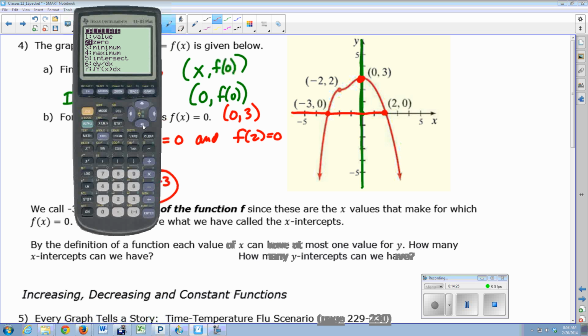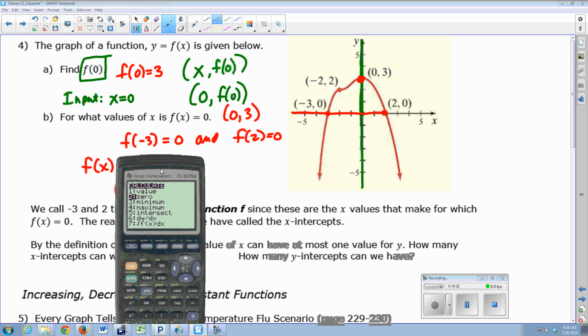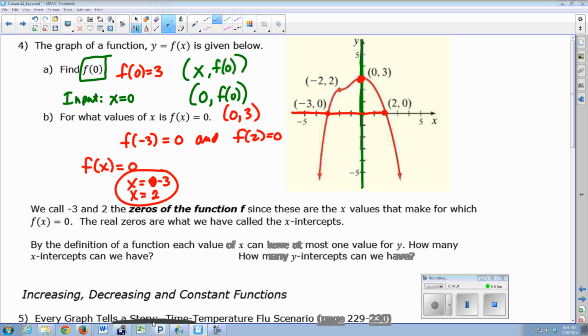I said, remember, we're using this word zero, and this will come up when we deal with functions. Because in most of algebra, you're dealing with functions. Once you get beyond intermediate algebra, you're dealing with functions. So your x-intercepts are what make the value of your function equal to 0. And that's why in your calculator they have that term right there, zero. Because you're trying to find the value of x that makes it 0.